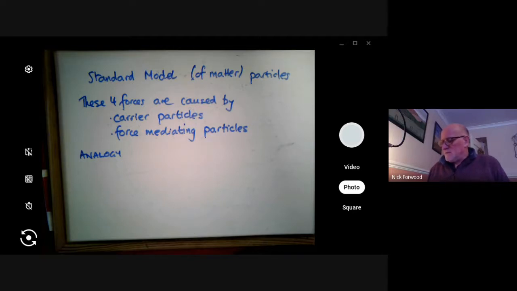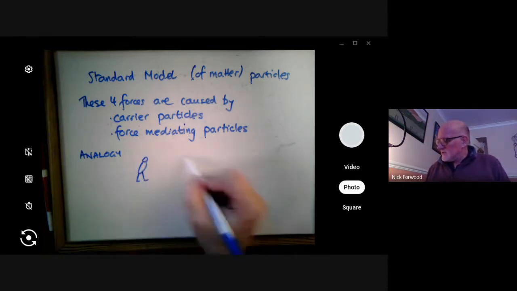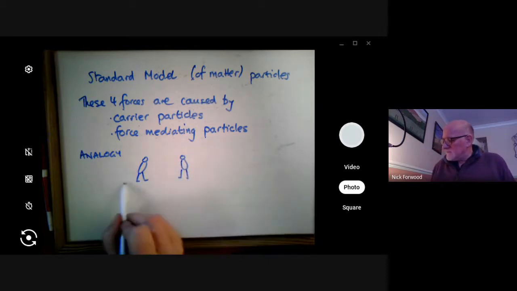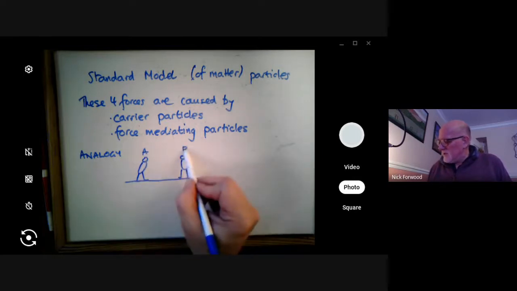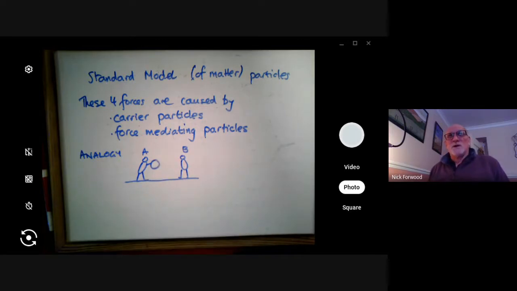So this will go some way, it's not perfect, but it will go some way to making you have some sort of understanding of how particles can cause forces. And what I want to do is I want to have two ice skaters, and the two ice skaters are facing each other and they're standing on some ice. And I've got skater A and I've got skater B, and skater A has a very heavy ball. Imagine a basketball filled with sand.